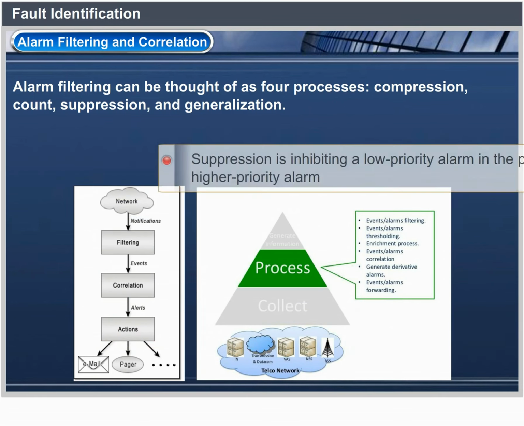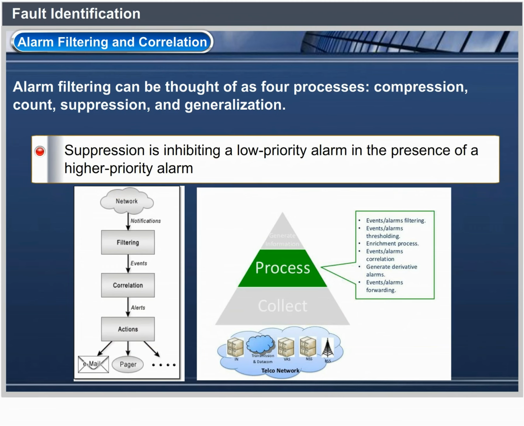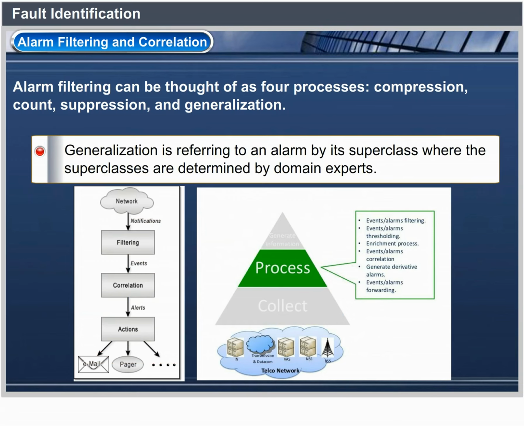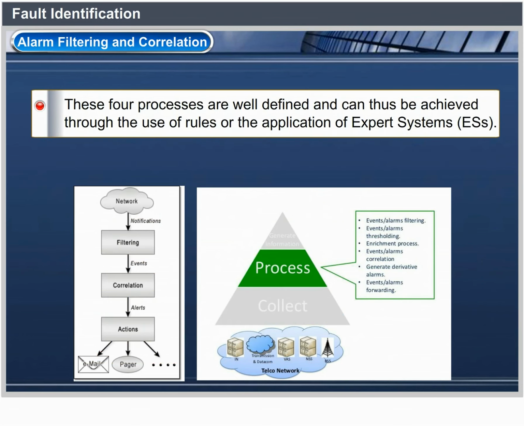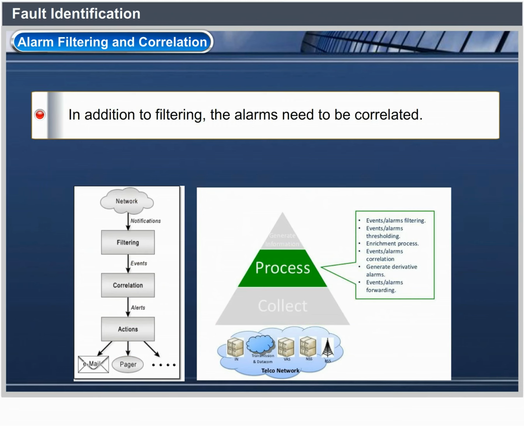Suppression is inhibiting a low priority alarm in the presence of a high priority alarm. Generalization is referring to an alarm by its superclass, where the superclasses are determined by domain experts. These four processes are well defined and can thus be achieved through the use of rules or the application of expert systems, or ES. In addition to filtering, the alarms need to be correlated.